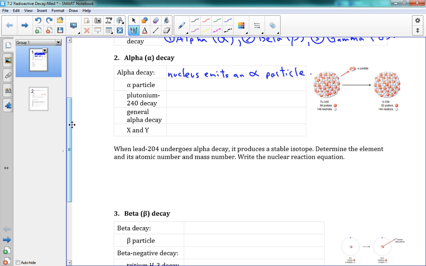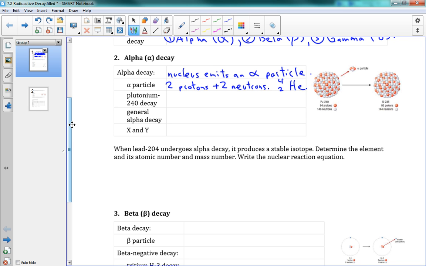So that's our next line here: an alpha particle is two protons plus two neutrons. And that might look familiar to you. Well, that's just equal to helium, 2,4 helium. So an alpha particle is just a helium particle.